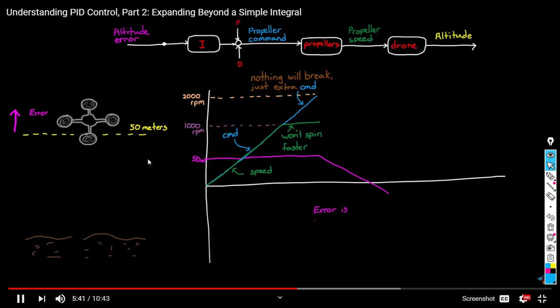Above the set point, the error term becomes negative and the integral output starts to decrease. When the error becomes negative, your command signal starts to decrease here, but in reality we want it to decrease earlier.